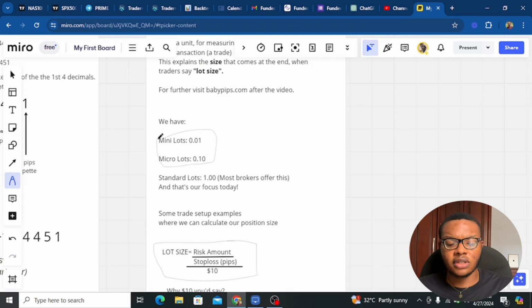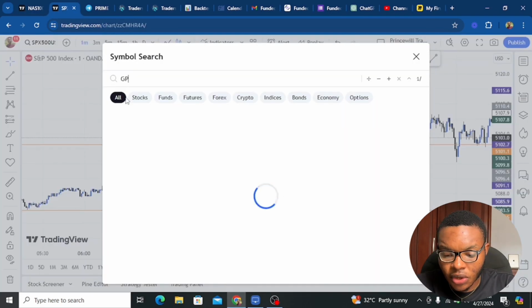They are not necessary at all. Everything we're going to be doing today is based off of standard lots. Although your answers could still be in mini lots if you have a small account size, basically we're just operating based off of standard lots.